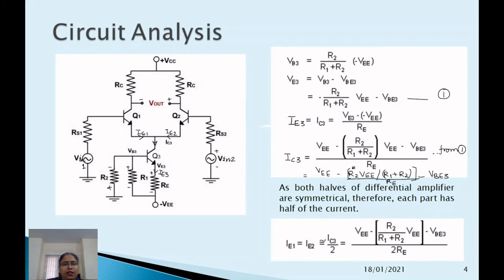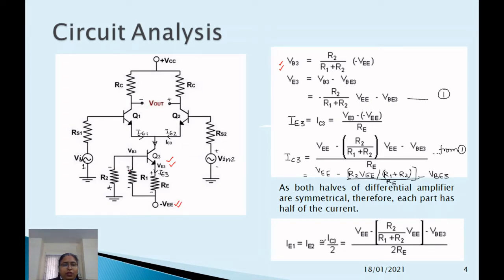So this is the circuit analysis. As we are analyzing only the constant current bias circuit, applying the voltage divider rule, VB3 is the voltage at the midpoint of R1 and R2, and it is given by R2 upon R1 plus R2 into the DC supply.